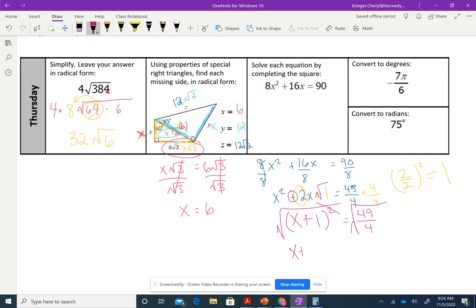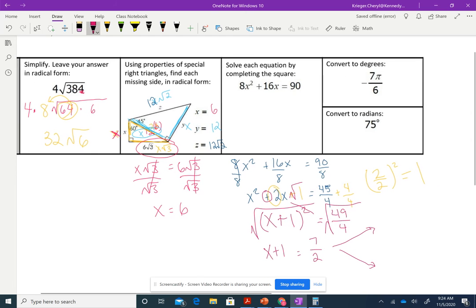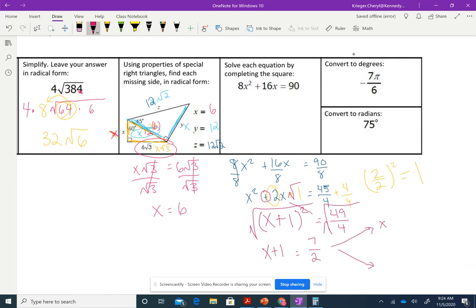I now have x plus 1 equals the square root of 49, which is 7, and the square root of 4 is 2. So I write this as x plus 1 equals plus or minus, right? x plus 1 equals 7 halves, and x plus 1 equals negative 7 halves.